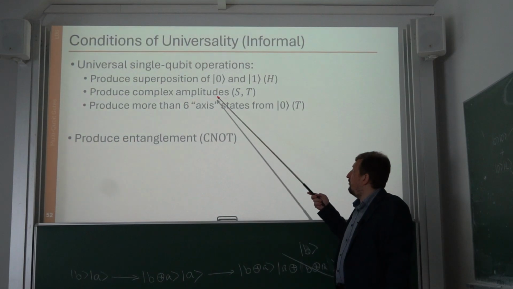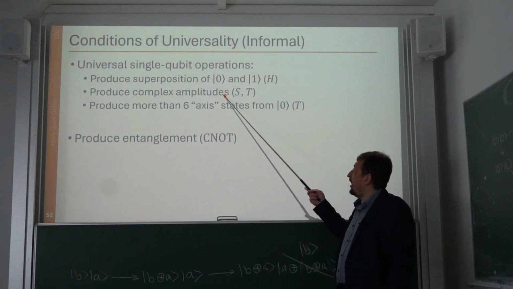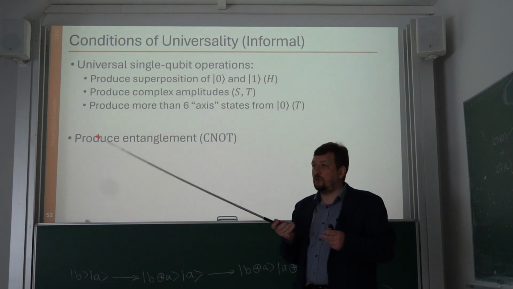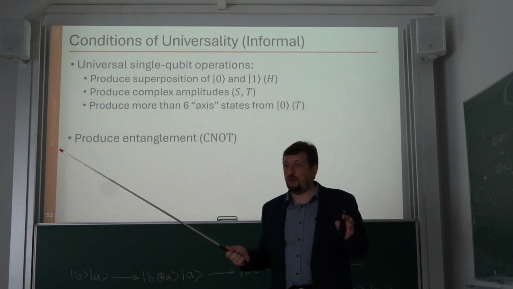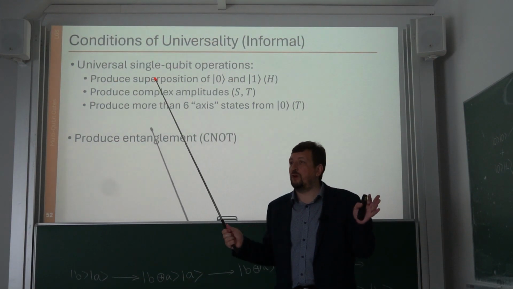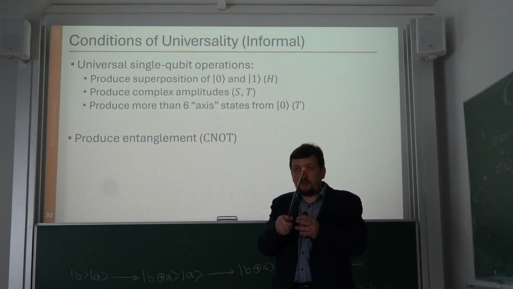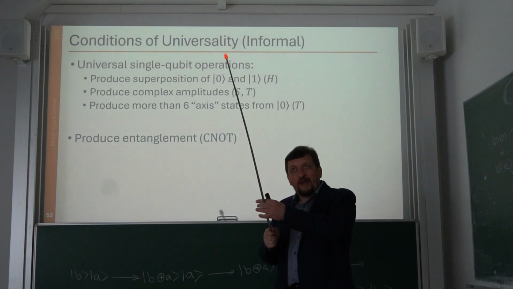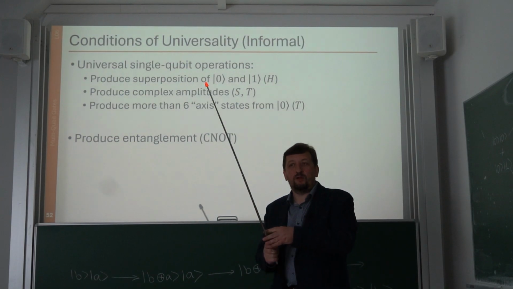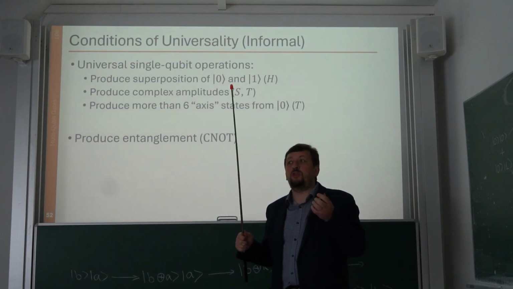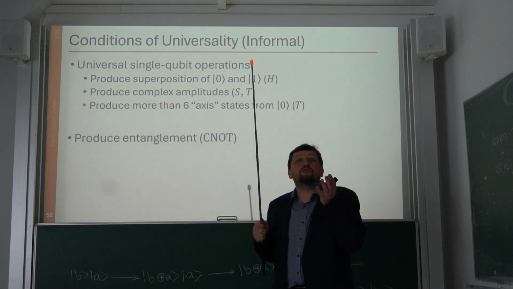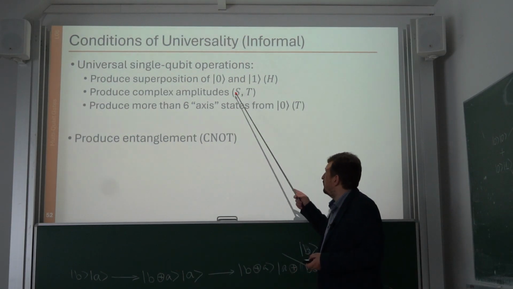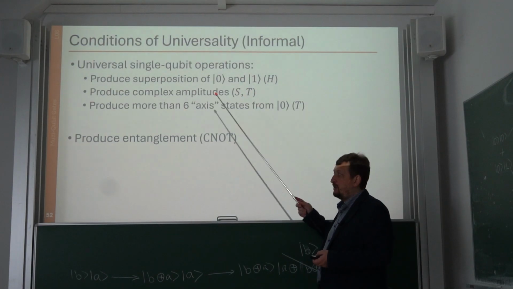We need some gates that produce complex amplitudes. We usually consider 0, 1, plus and minus, they are real, but this is not a universal set of amplitudes. There are also i and minus i, and to get to any point on the Bloch sphere, we need some complex amplitude. So we need a special gate with complex numbers to produce complex amplitude. For that, we can use either S or T.